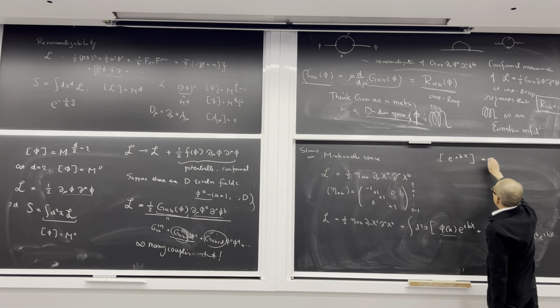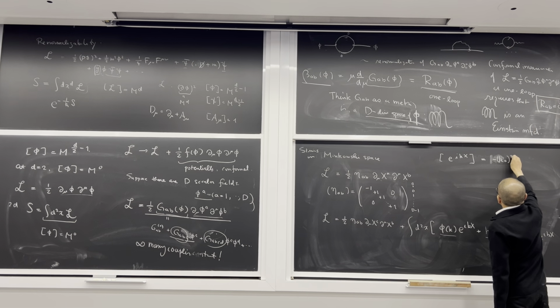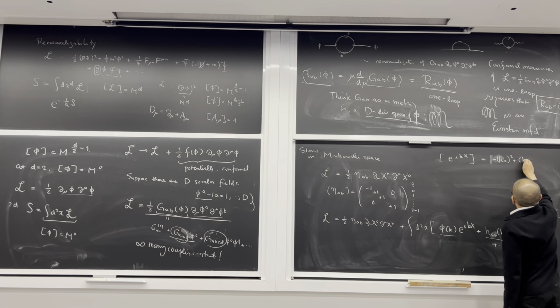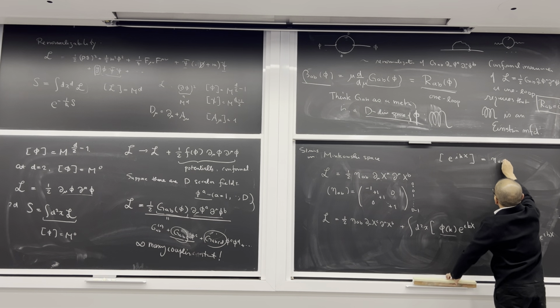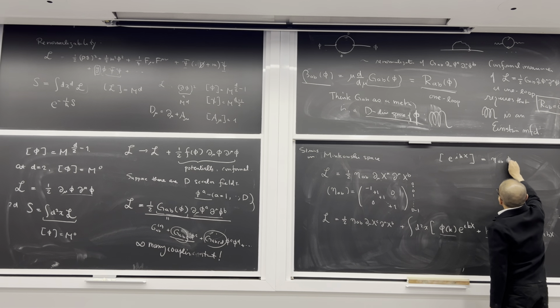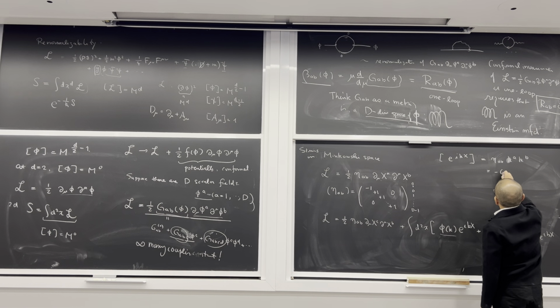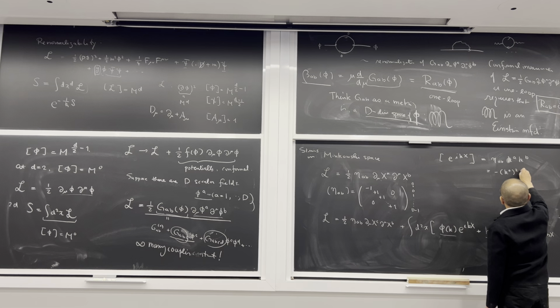It is equal to k squared, or in the Minkowski metric, eta_ab k^a k^b, which is equal to minus k_0 squared plus k vector squared.